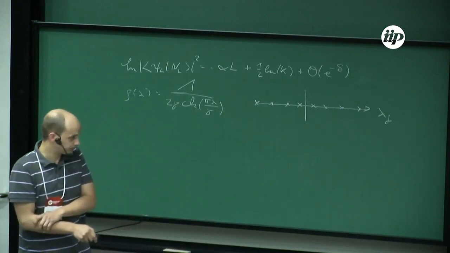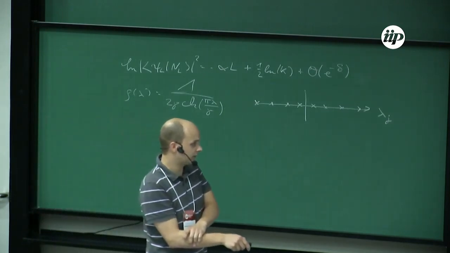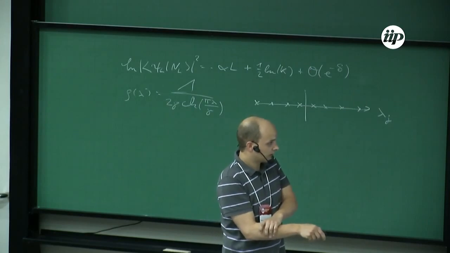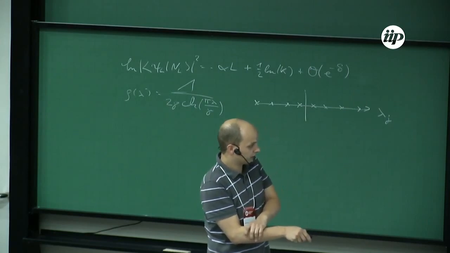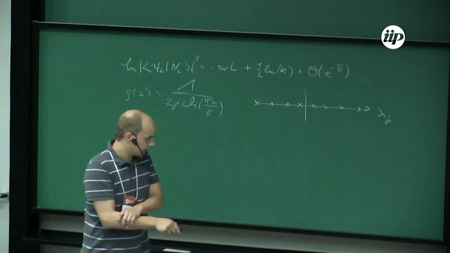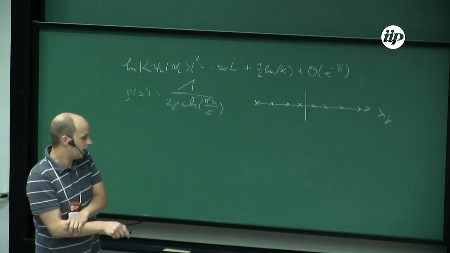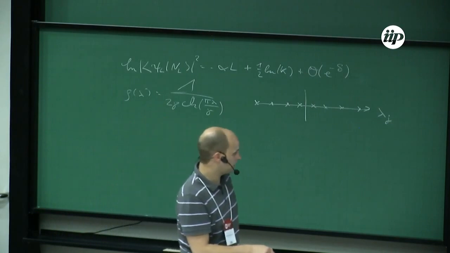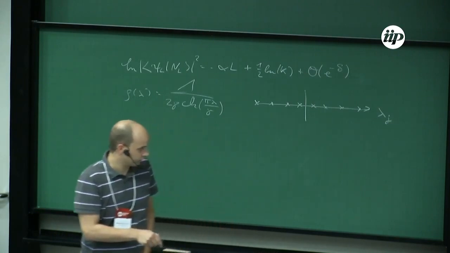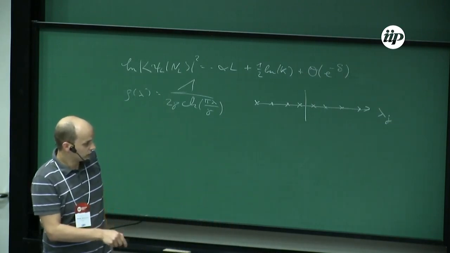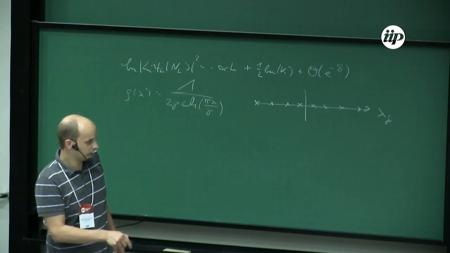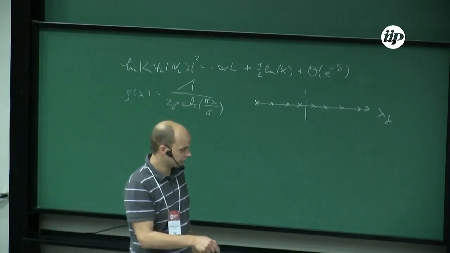Okay, and how to treat the sums of a function of a single Bethe root lambda j, summed over all Bethe roots. There are two ways of doing it. Either you can use techniques of nonlinear integral equations by choosing a contour surrounding all the Bethe roots and defining a certain auxiliary function.